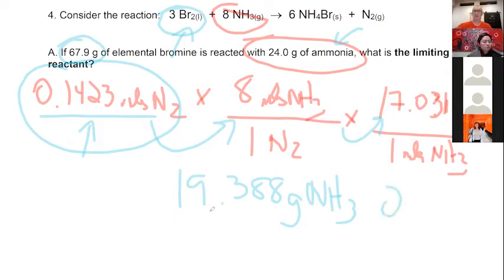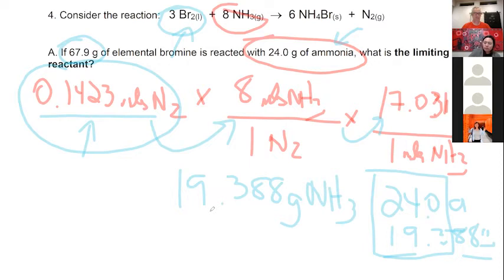So if I have 24.0 to start with, and I used up 19.388 grams in the reaction, then the difference is what is left. And so I would have that many significant digits.